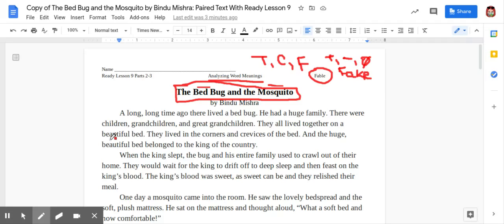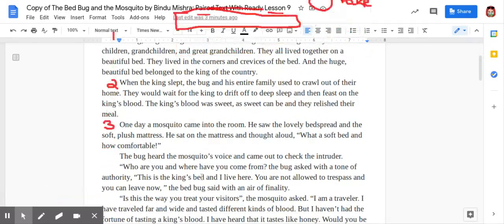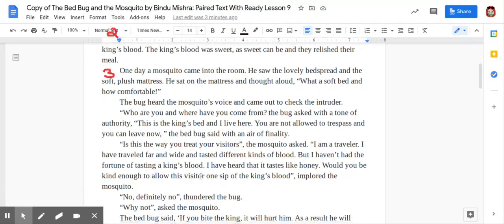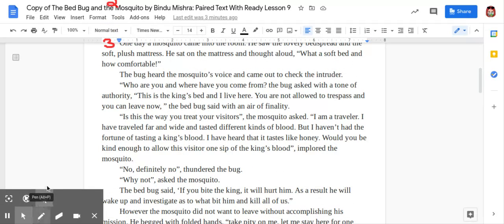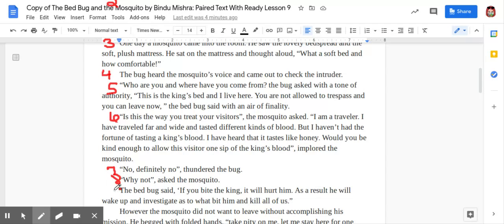And then we want to make sure we number our paragraphs. I'm just going to go ahead and number the ones that we see right now, and that is 1, 2, and 3. As you're going through this, you need to make sure you go through and number all of them. And then we're going to add 4, 5, 6, 7, 8, 9, 10.